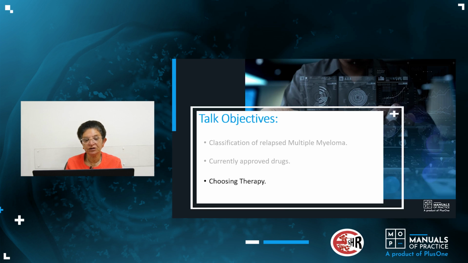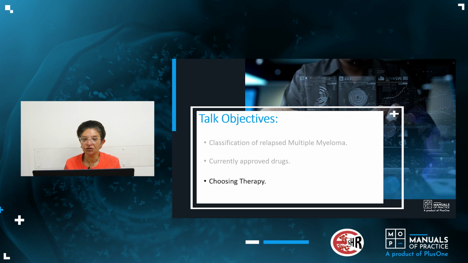So now we have mentioned the currently approved drugs, especially the proteasome inhibitors, first generation, second generation, and third generation, and their uses in relapsed refractory multiple myeloma. And as we mentioned before, the addition of a new drug, a second generation or a third generation proteasome inhibitor, gives better results in the relapsed refractory setting.